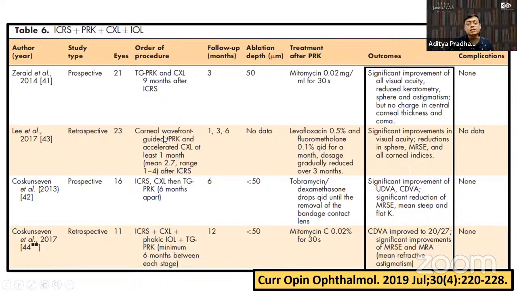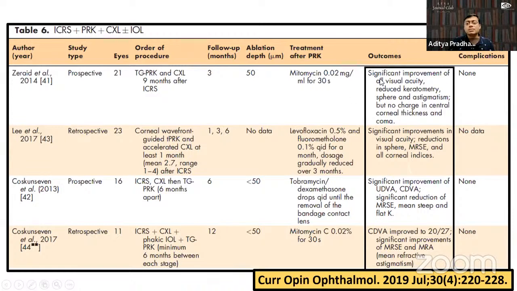The other study said that the wavefront guided topographic PRK and accelerated CXL were done at least 1 month after the ring segment implantation. And the third study was the intracorneal ring segment, then cross-linking, and then 6 months apart after that, the PRK was done. And the last study, which was ring segment, cross-linking, IOL, and PRK, had a minimum of 6 months between each stage of the different procedures.